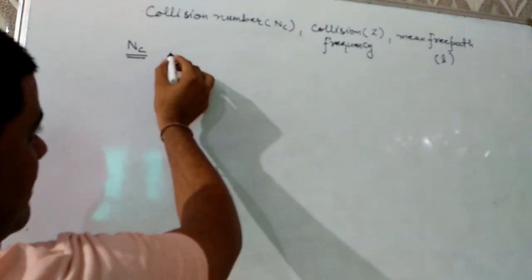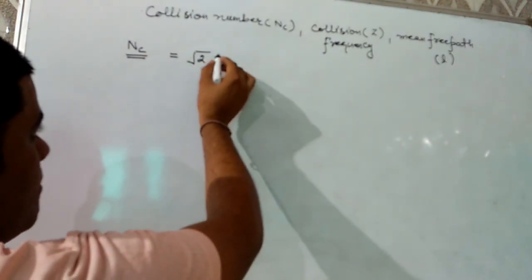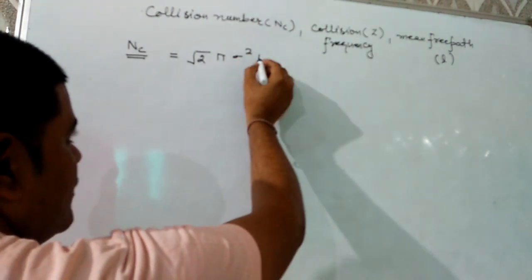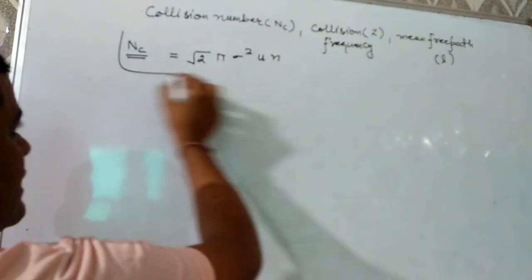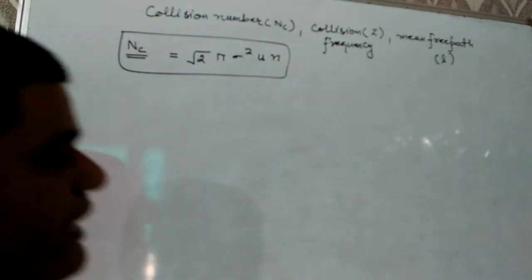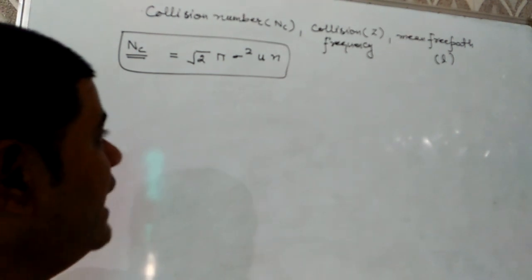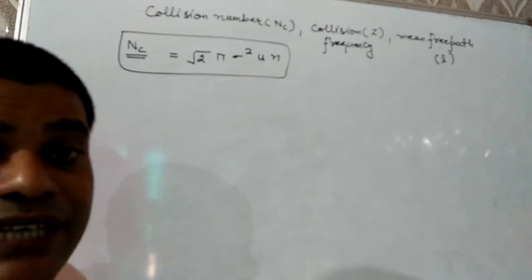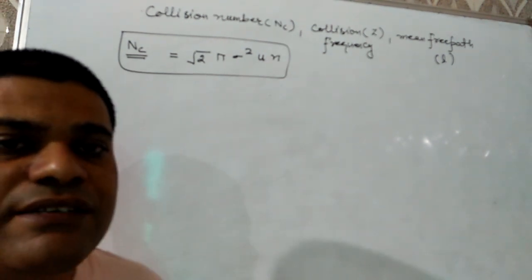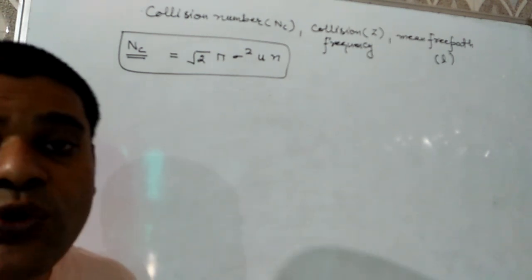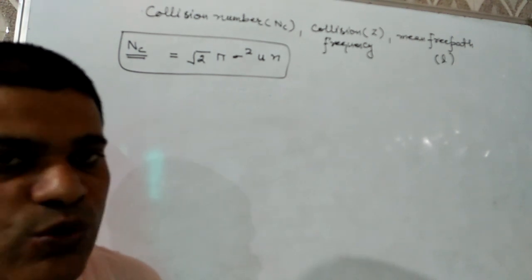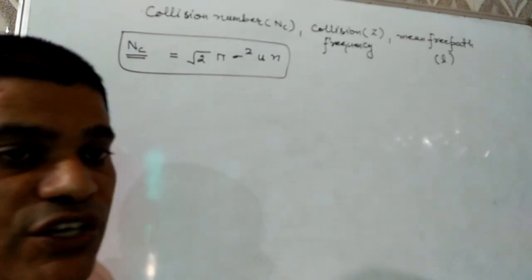That is known as the collision number, denoted by Nc, and mathematically it is root 2 pi sigma square U N, where pi is a mathematical constant, sigma is the molecular diameter, and U is the root mean square velocity.